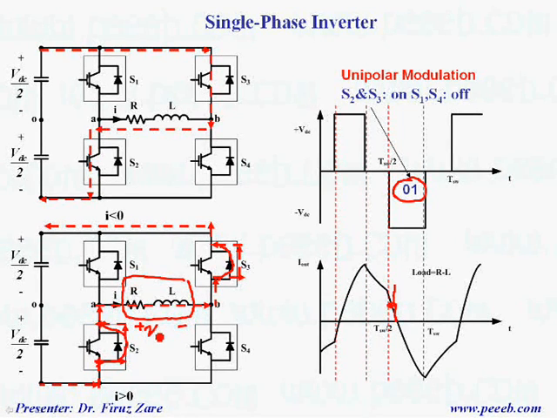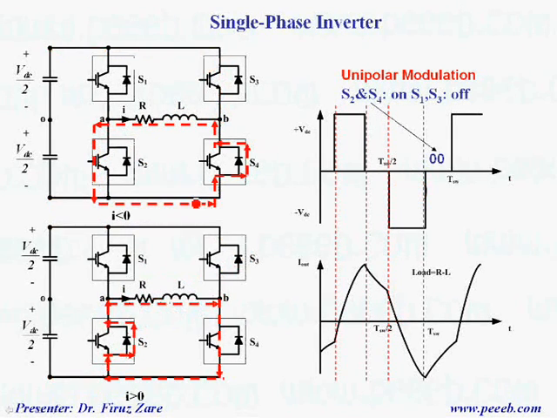This is the output voltage which is connected to minus VDC. But from here, when the output current is getting negative, current passes through this IGBT and this IGBT, and we can see that the output voltage is again negative and the current is also negative. The next switching state is 0, 0.